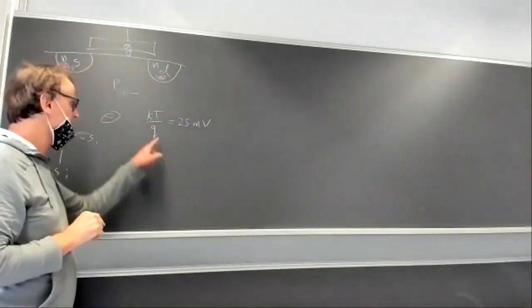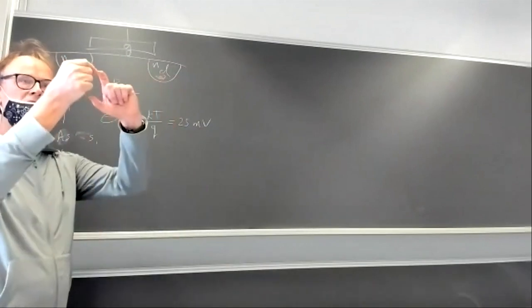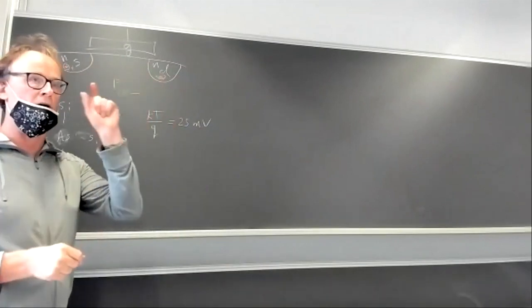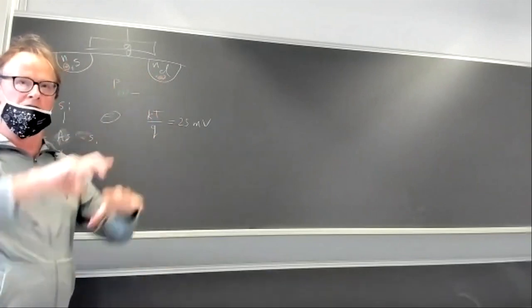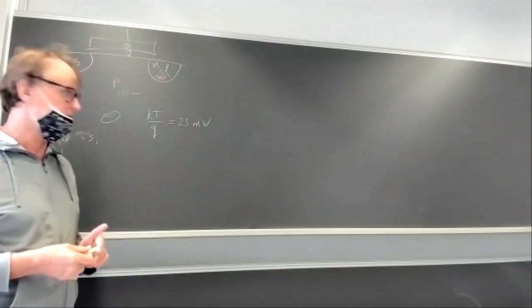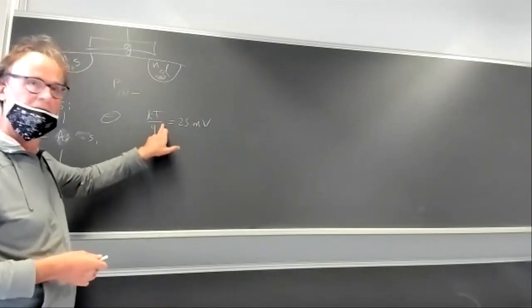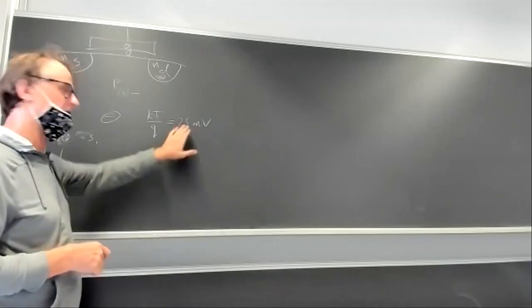Sorry, just a moment. This voltage corresponds to the voltage that an electron falls down to pick up 1 thermal energy. So it has the average energy of every degree of freedom. Okay, so it's actually an energy.